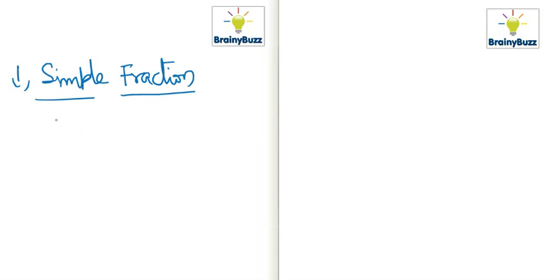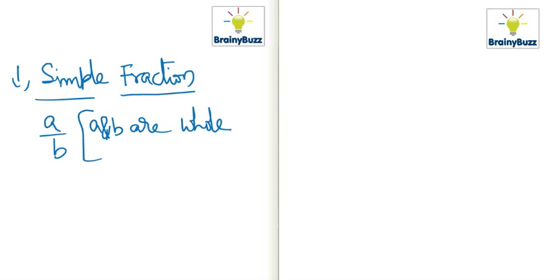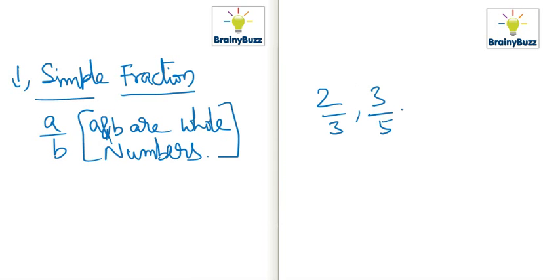Simple fraction format is a by b, where b is not equal to 0 and a, b are all numbers. For example, 2 by 3, 3 by 5, and so on.